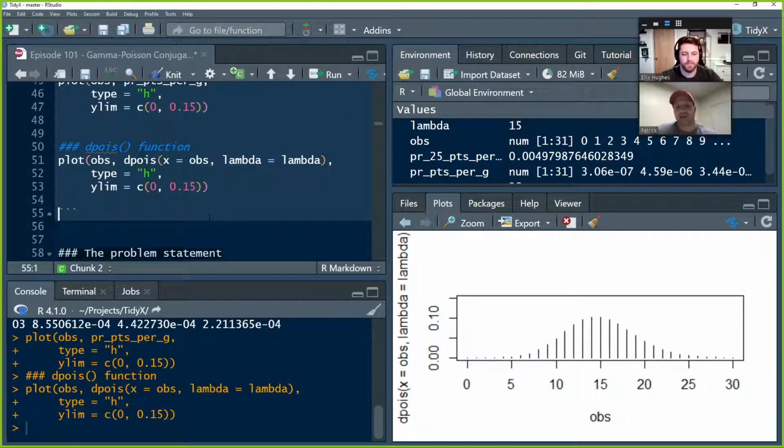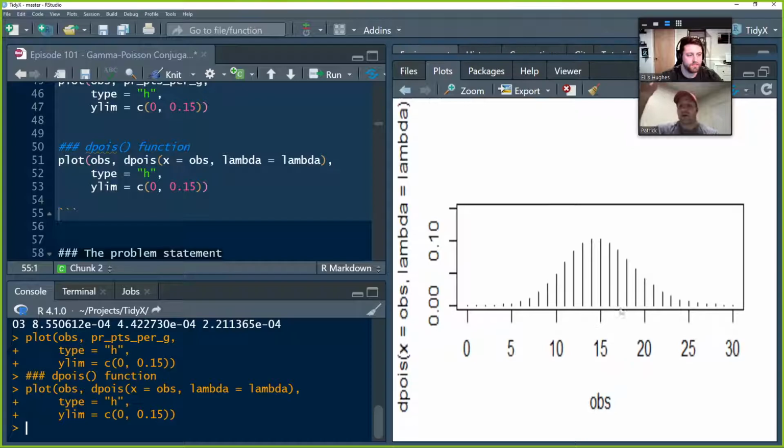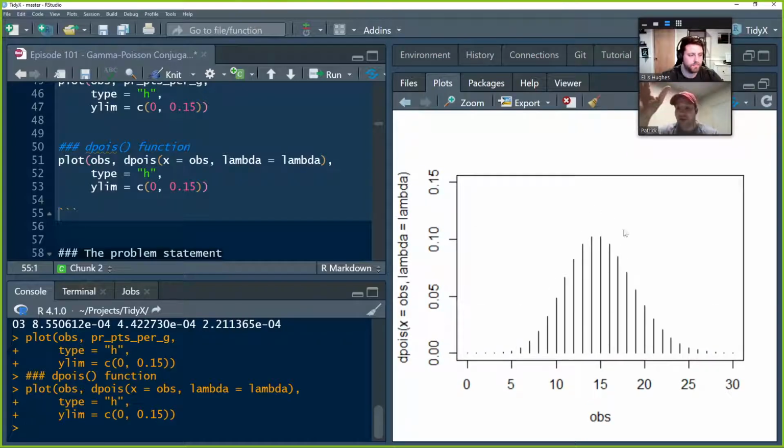This nice little stick histogram in base R. So there you can clearly see the highest amount of probability mass, because remember, we're dealing with discrete outcomes, 0, 1, 2, 3, nothing in between. The highest probability mass is right there, right around number 15, which we know is her average.